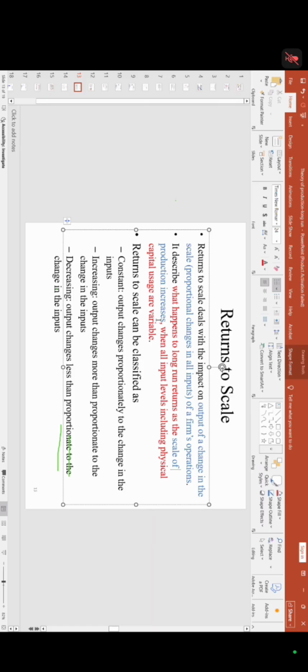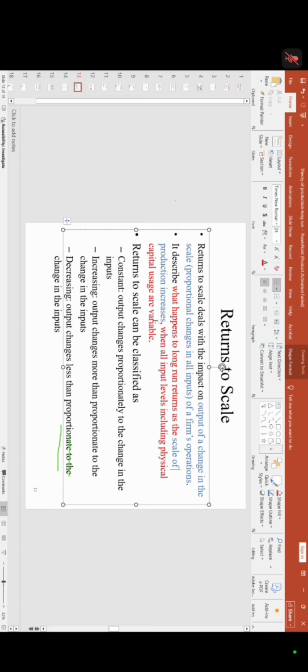So it describes what happens to the long run return as the scale of production increases. What happens to the long run return as the scale of production increases? Of course, in the long run, your scale has increased. So what happens to the return, when all input levels, including physical and capital usage, are variable? Simply, how does output change as the scale changes?